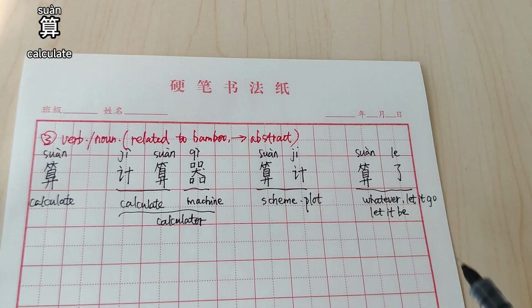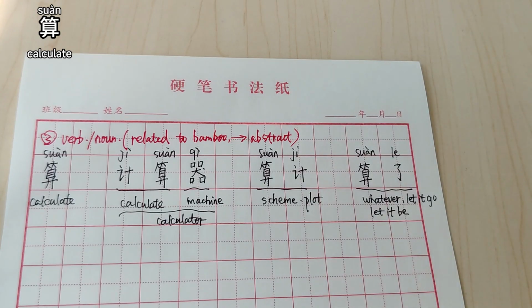It's like you're trying to do something, you try very hard, but there's no result, and then you just don't care anymore. Then you say 算了算了, just whatever, let it go.